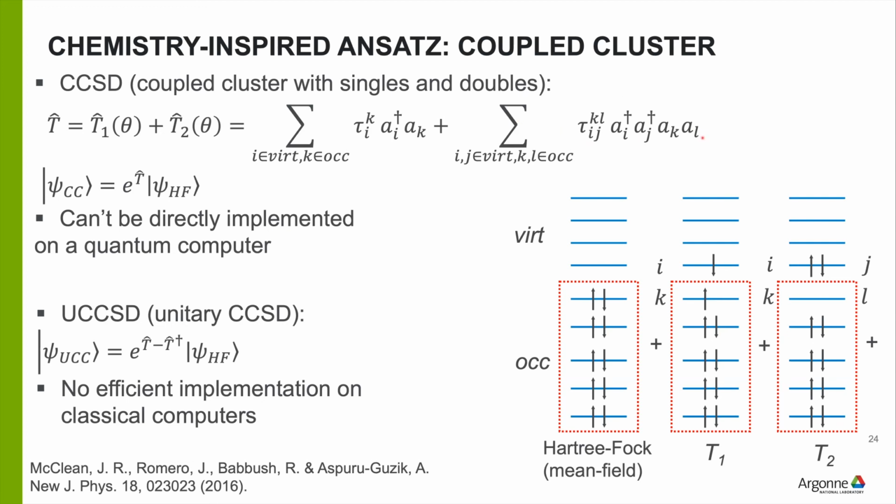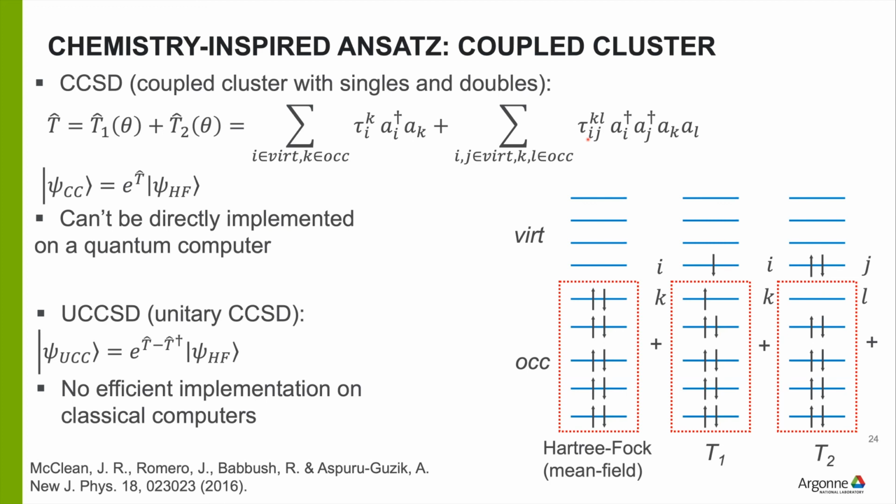Asymptotically, the number of these double excitations increases as n to the power of 4, where n is the number of qubits. For a large system, say with 100 qubits, you're going to have 10 to the power of 7 of these excitations, and so will be the number of parameters.